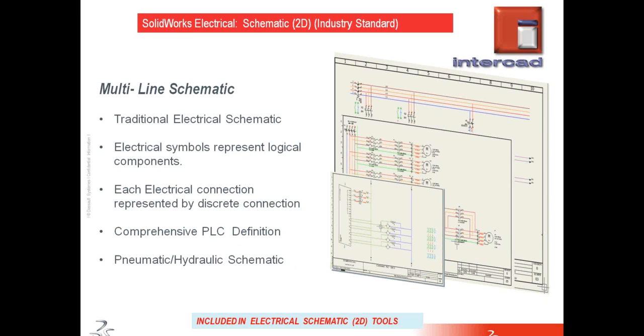Each electrical connection is represented by a discrete connection. As you notice, it creates the connection nodes automatically on the drawing. And again, there's a very big library of PLCs in there as well. You can draw PLC drawings very quickly and neatly.